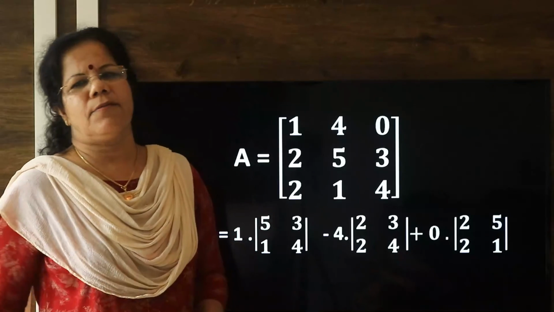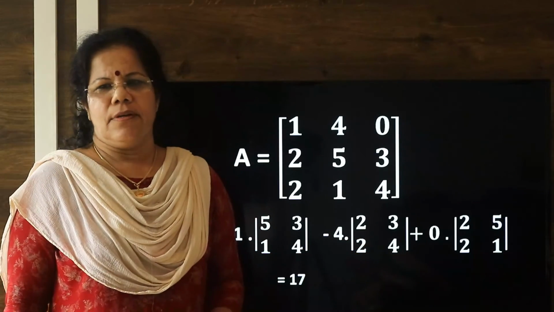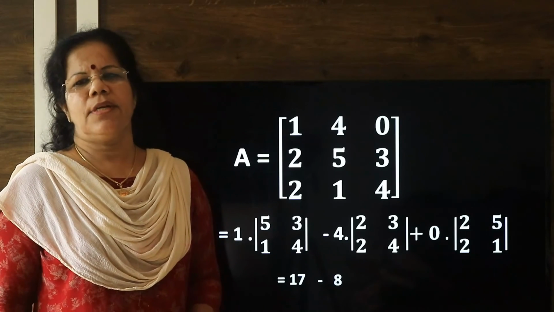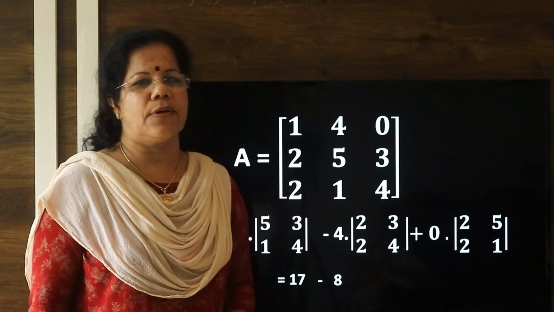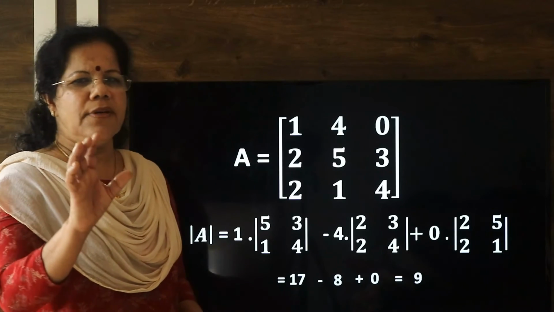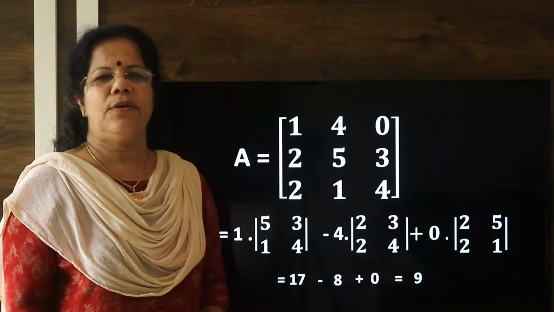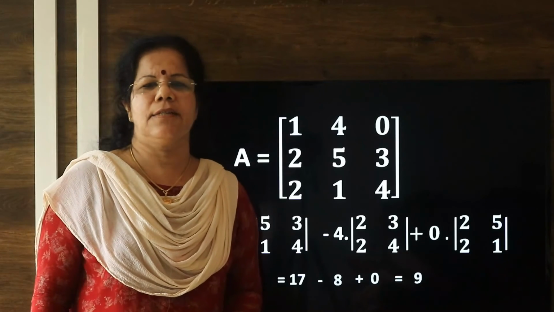So the calculation comes as the first determinant value is 17, here it is 8, minus 8, plus 0 into something which is already 0 only. So what is 17 minus 8? It is equal to 9. So first we got the determinant: determinant A is equal to 9, because we know A inverse is equal to adjoint A by determinant A.